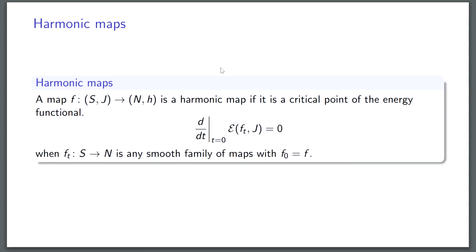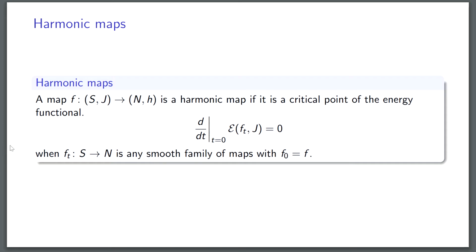This means that whenever you have a smooth deformation of your map, by which I mean a smooth family of maps indexed by t, which at t equal to 0 are equal to f, then I want that the Dirichlet energy, which is now a function of t, is a critical point at t equals 0. And this condition needs to hold for any such deformation. If this is the case, f is called a harmonic map.